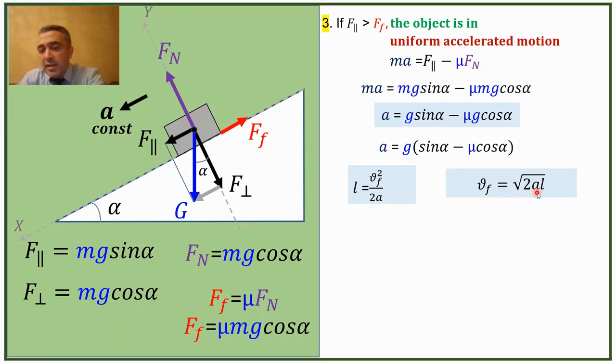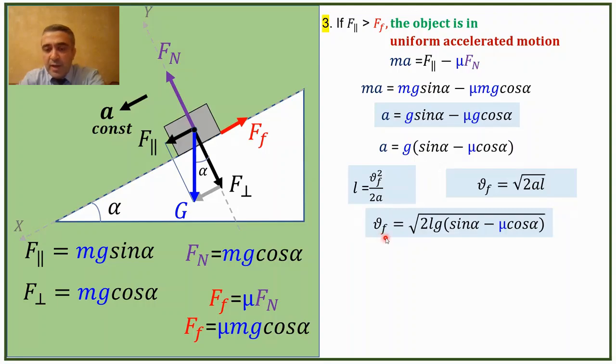And if we put the equation for this acceleration instead of a, we can find the equation for the final velocity like this.